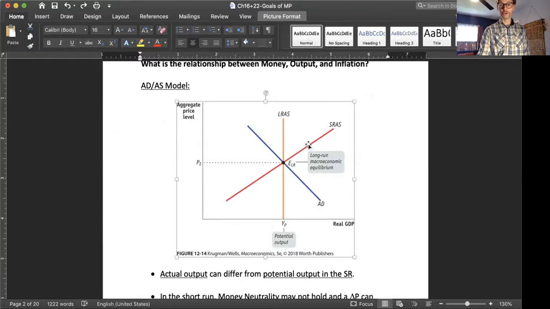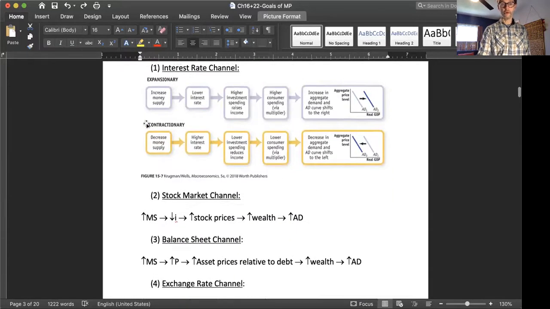What's that going to do in the short run? Put upward pressure on inflation and upward pressure on output. Or what happens when the Fed decreases the money supply? That's going to raise interest rates, lower spending, lower investment, and move aggregate demand to the left. That's going to put downward pressure on inflation and output.